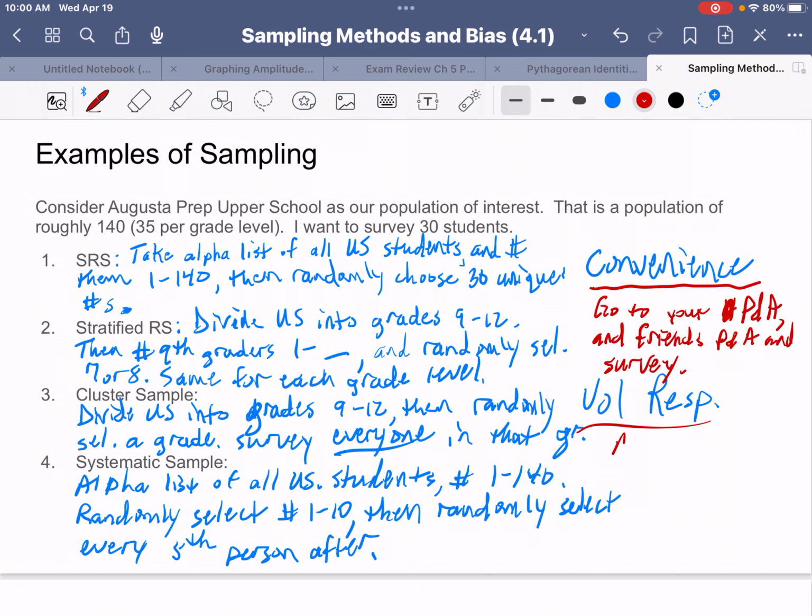Voluntary response: ask students if they want to scan a QR code for the survey. Okay, so hopefully that sparks a memory of those different sampling methods. Okay, moving forward.